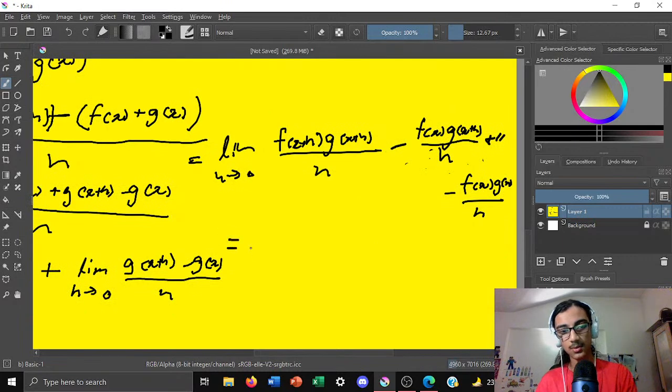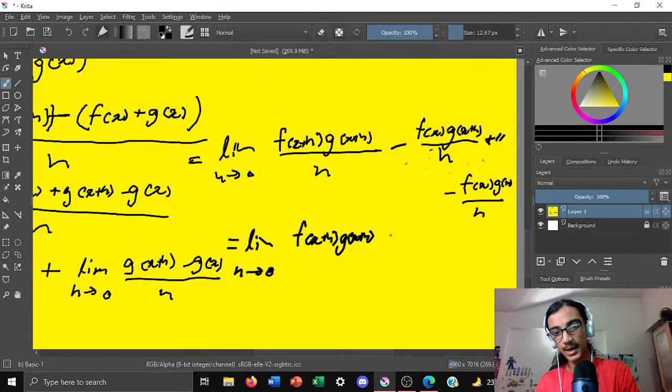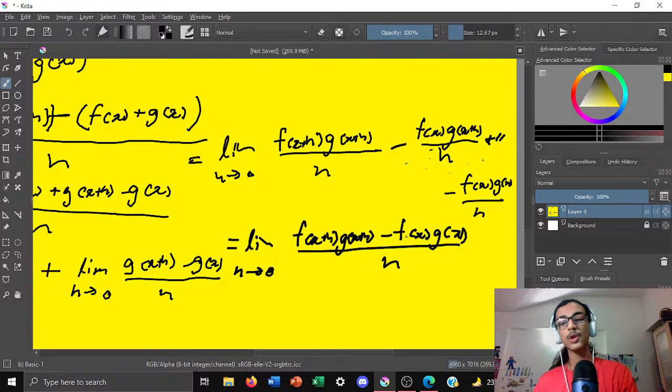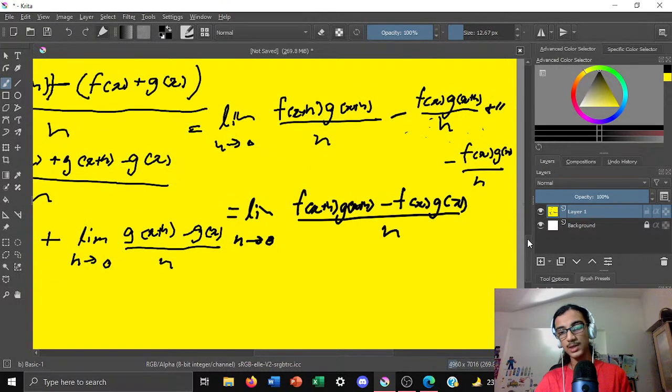So we're going to say this is equal to the limit as h approaches 0 of f of x plus h, g of x plus h, and we'll bring the two fractions together, minus f of x, g of x over h, right? We just brought these two fractions together, and let's bring these two fractions together as well, and you'll see why in a moment.